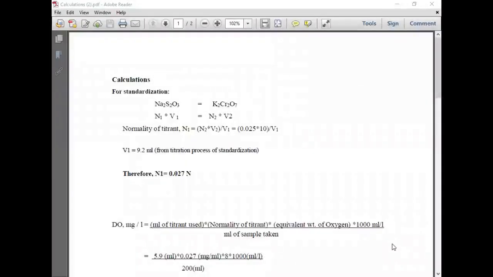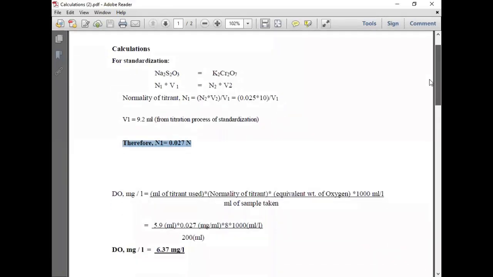Let's see the calculation part for the determination of the dissolved oxygen. For standardization, we have already seen, but I am repeating here with the values. So we got the value of V1 as 9.2 ml. By using this value, we are going to find out the normality by putting it in this equation. So we get the normality as 0.027 normal.